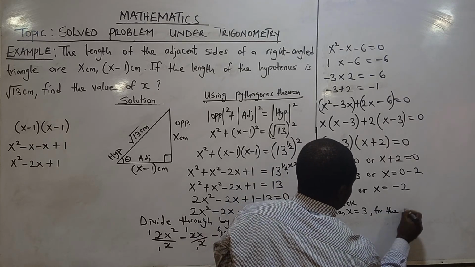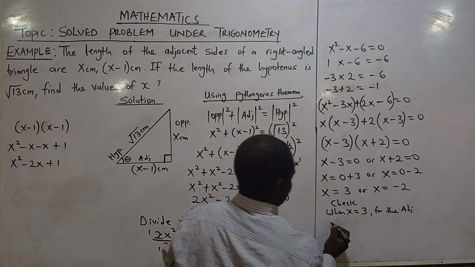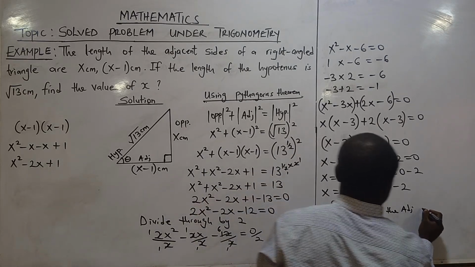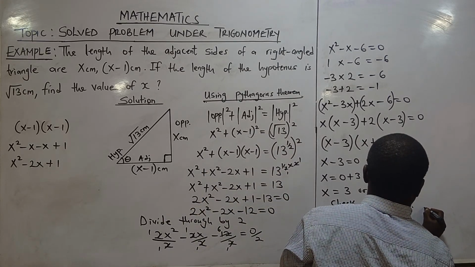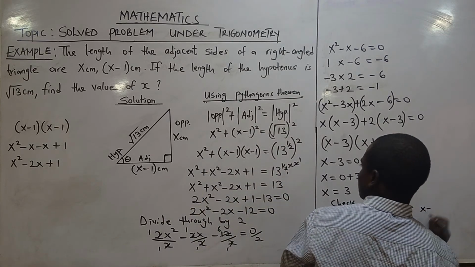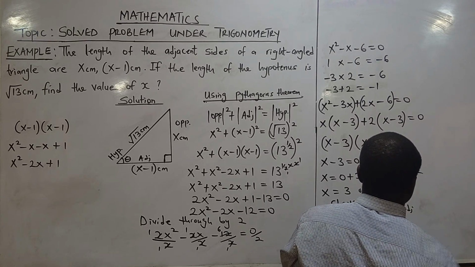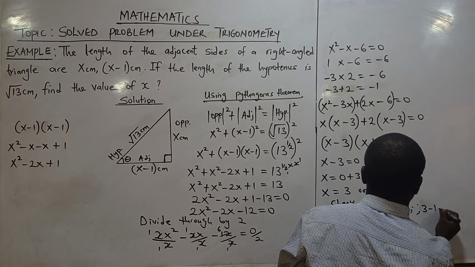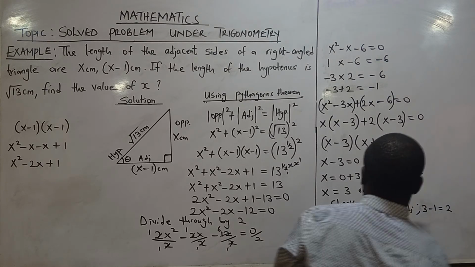For the adjacent, we are having x minus 1, 3 minus 1, equals 2.